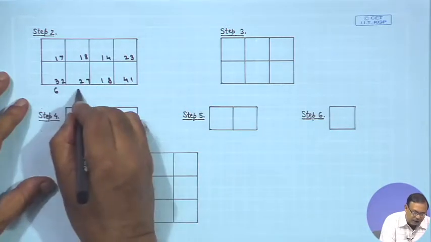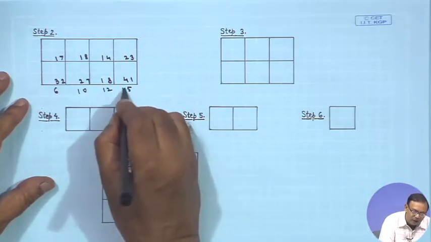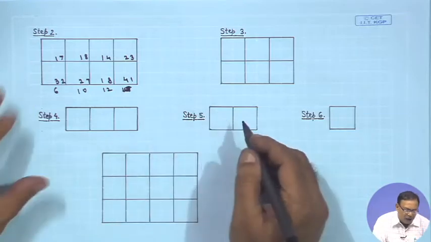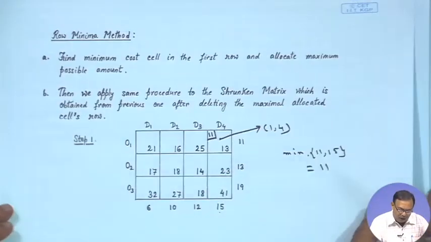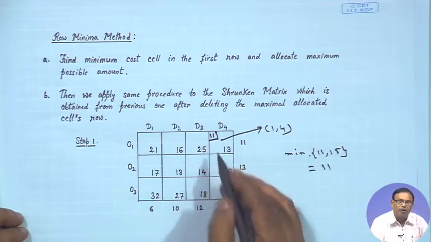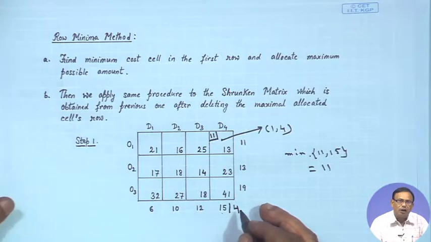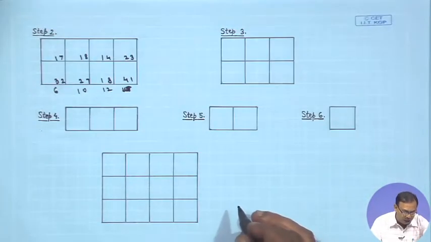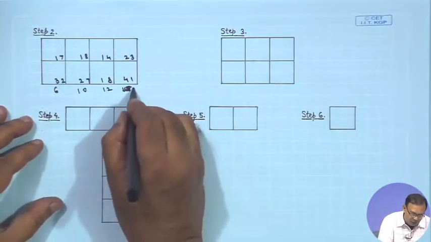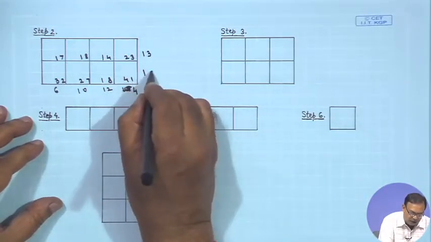Here it is 6, 10. These will not change: 12, 15, 12. From this 15 we have already allocated 11, so the remaining will be 4. Here both are 13 and 19.